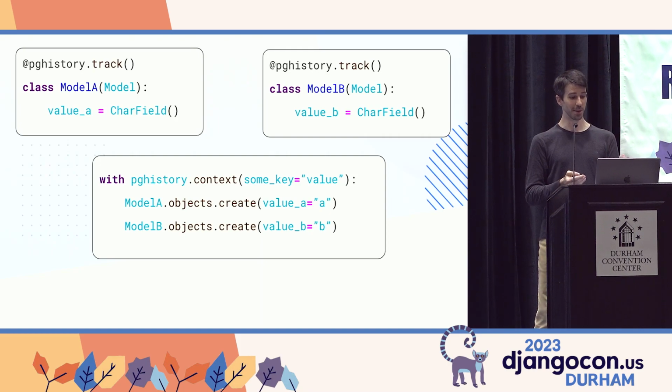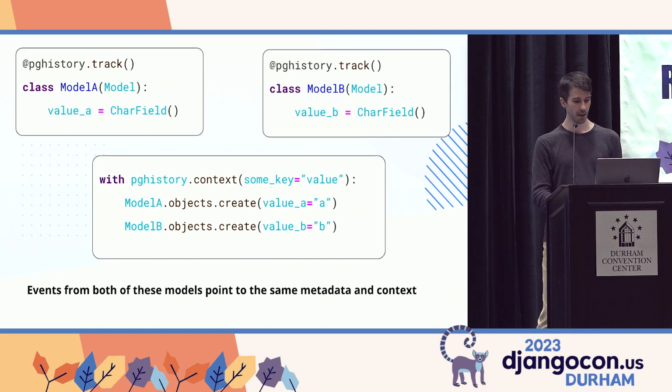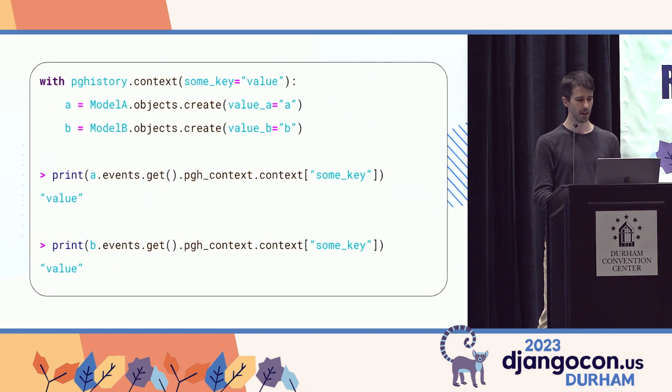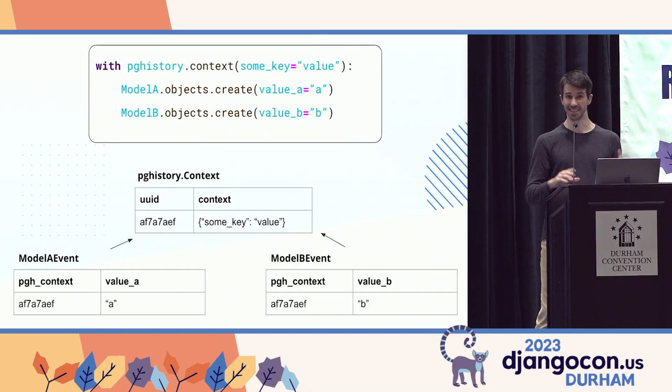Here, some key is the key, value is the value, and I'm creating model A and I'm creating model B. After these models are created, there are going to be two insert events created, and they're both going to point to the same context. Here, I'm showing how you can grab the event, grab the context, and grab that key and its value. Under the hood, the database tables look like this. You have two different event tables. They both point to the same context.